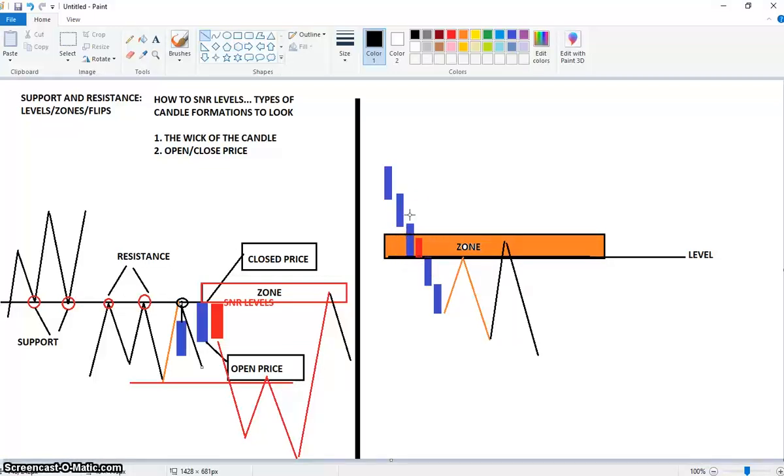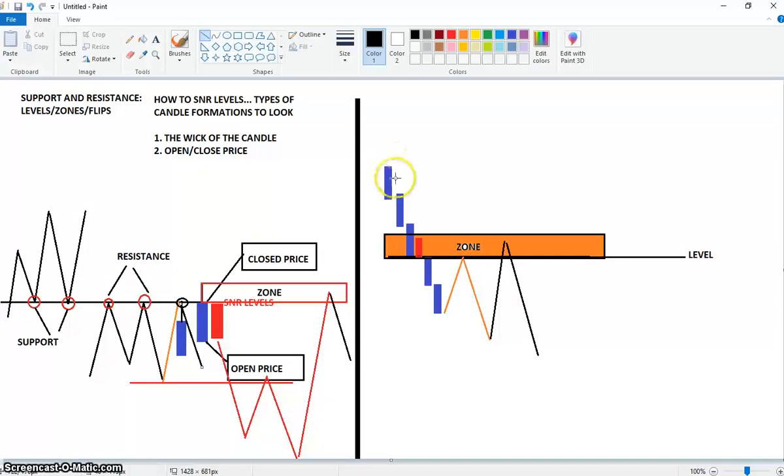You have it on your chart, it's everywhere. All you just have to do is mark to the right, or take it to the left. So mark to the right, and then as price breaks it and goes back, for example, this is a break of a resistance level. This is a break of a level.